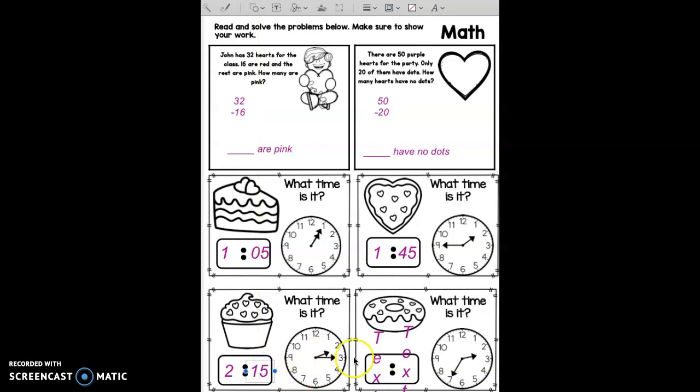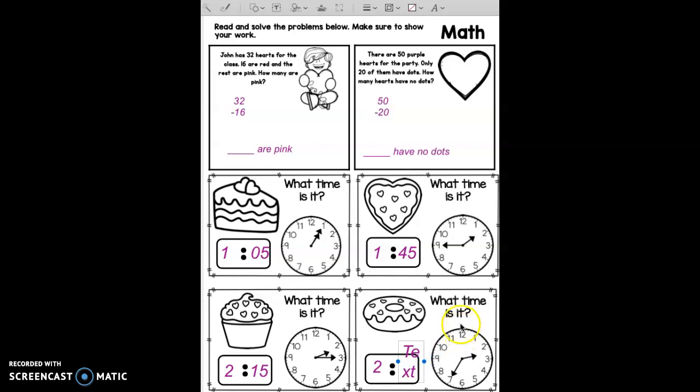Okay. Perfect. All right. So on this one again, go ahead and look at the hour hand first. Always the little one first. Okay. This one is between the 2 and the 3 as well. Between the 2 and the 3, not to the 3 yet, so it's still 2 something. So we can go ahead and put our 2.